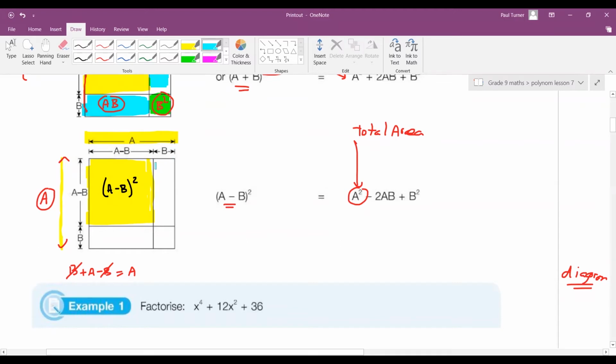Then we have these two blue ones. So this would be b times (a - b). Yeah, this is (a - b). This is b, so that's the area of this rectangle. This one is the same, b times (a - b).